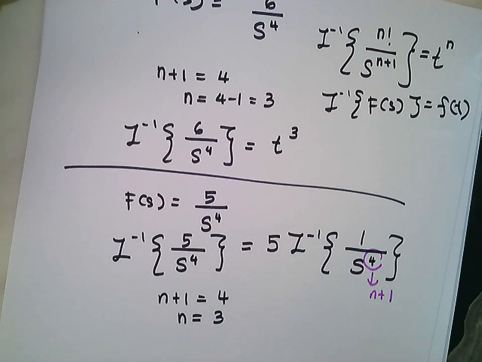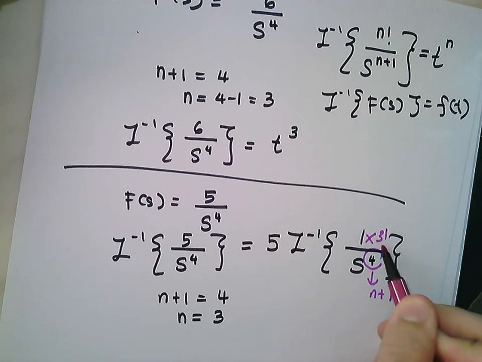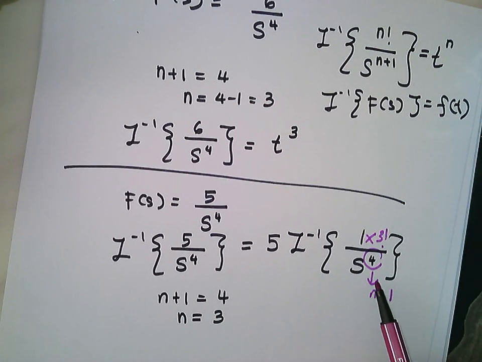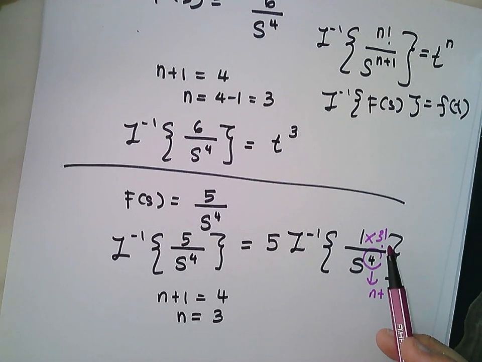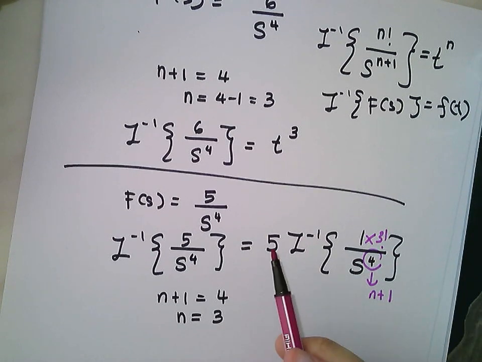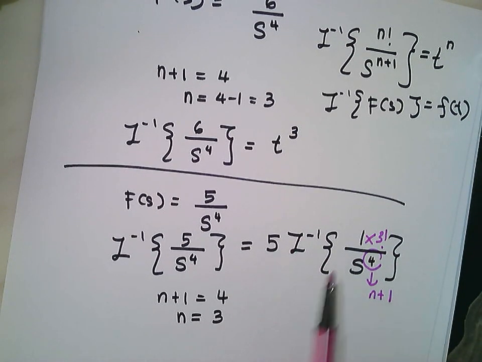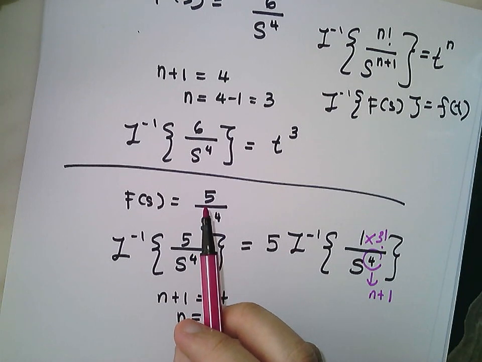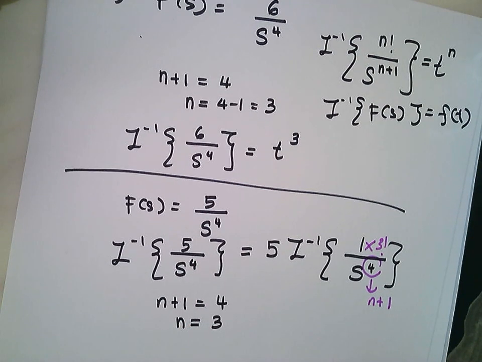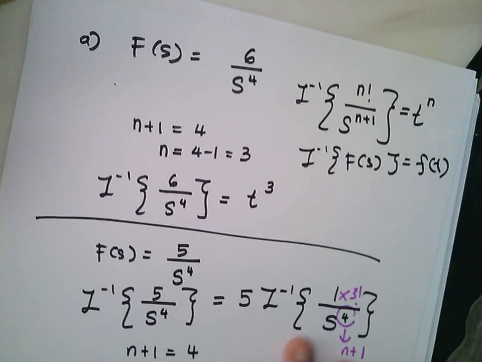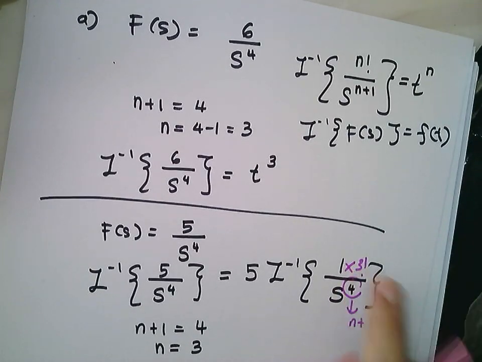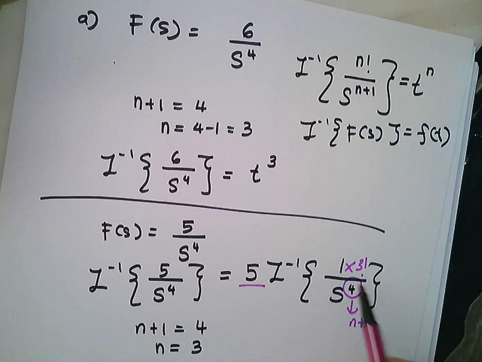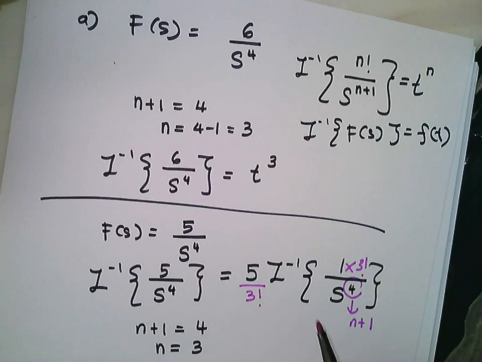If you just times by 3 factorial here, yes, you will have t cubed, but you already changed the problem, because 3 factorial is equal to 6, and 6 multiplied by 5 is equal to 30, but actually what you have is 5. So every time you multiply by a constant here, you have to divide back by the same value. If you times by 3 factorial, then you need to divide by 3 factorial.